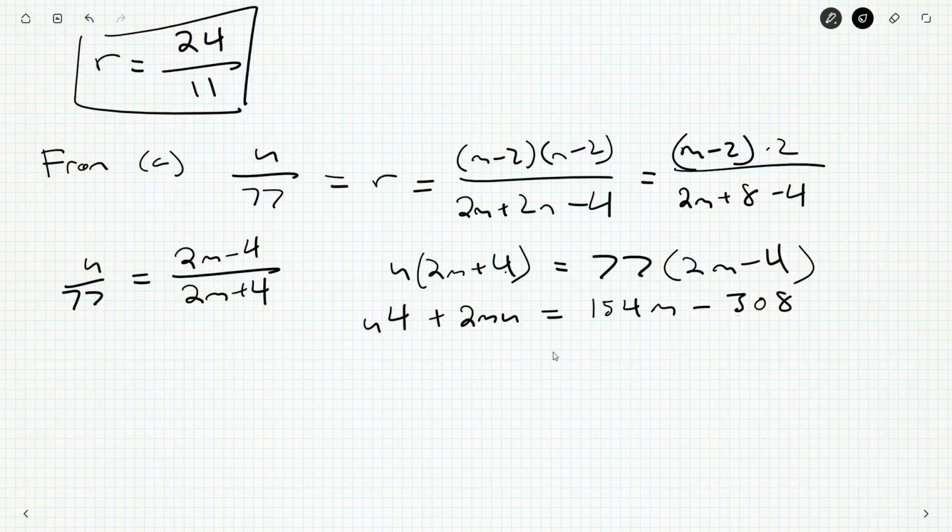Not exactly seeing anything obvious to do here, because I have one equation and two unknowns, and that makes sense because we'll probably have multiple values for U. I'm just wondering, do I keep rearranging this, or is something better going to come along?